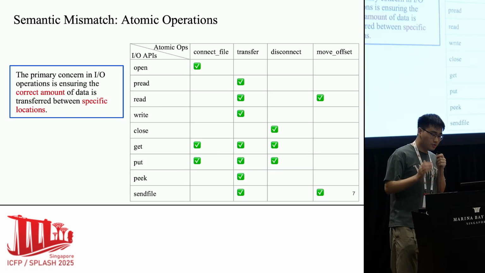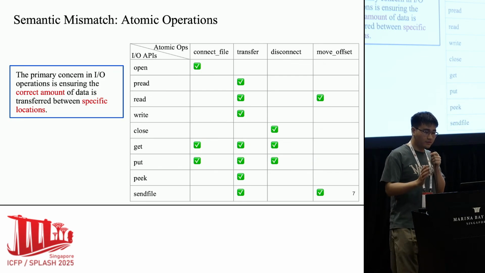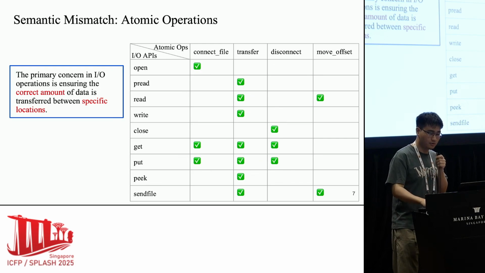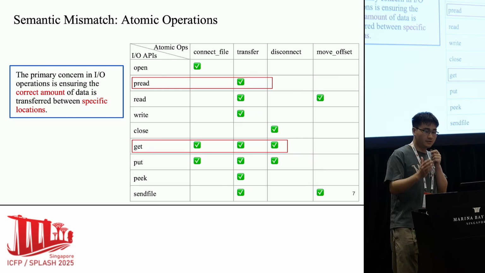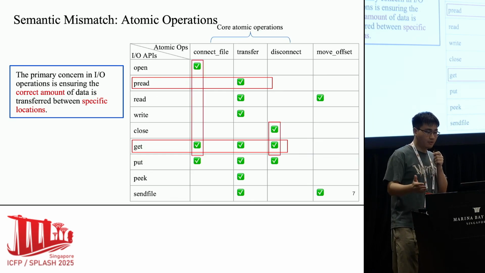So to address this challenge, we break down APIs into atomic operations to help us reason about the semantics of APIs that are similar but not identical. For example, the get API semantics consists of connect file, transfer, and disconnect. So if we were to replace the pread API by get, we would need to remove the code that performs connect file and disconnect.